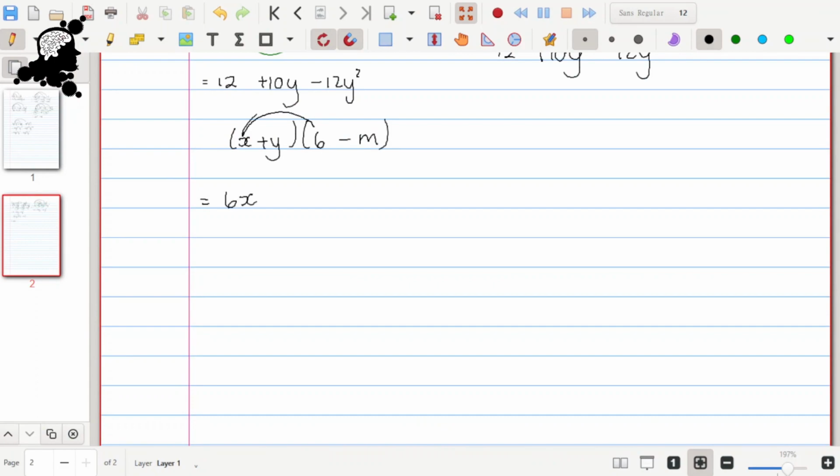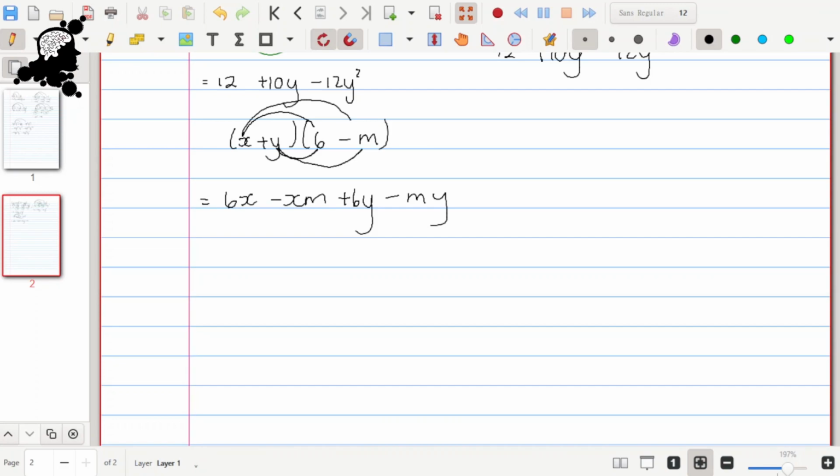Using FOIL, we multiply the outer terms. x times minus m is minus xm. We then multiply the inner terms. y times 6, this is going to give us 6y. Lastly, we multiply the last terms. y times minus m is minus my.